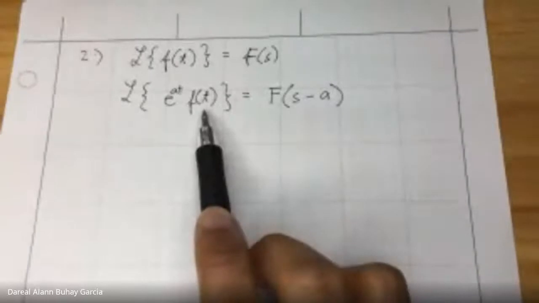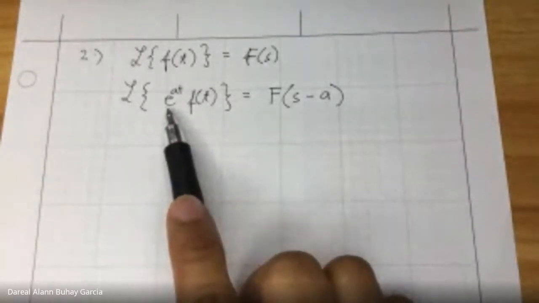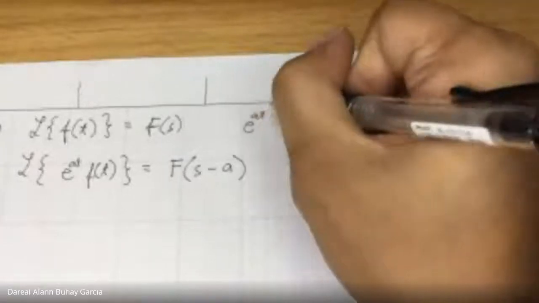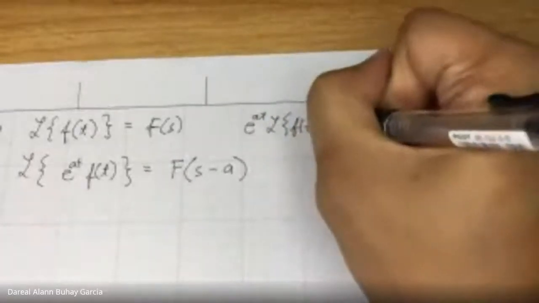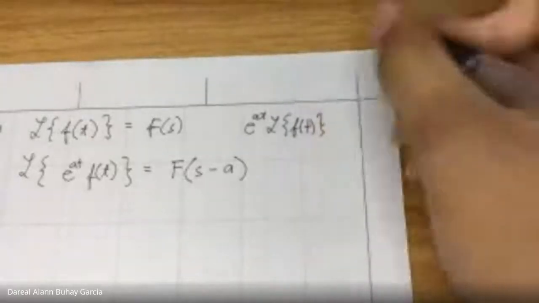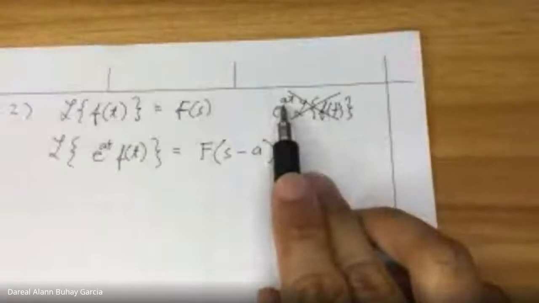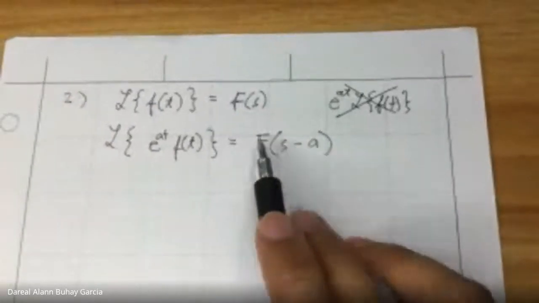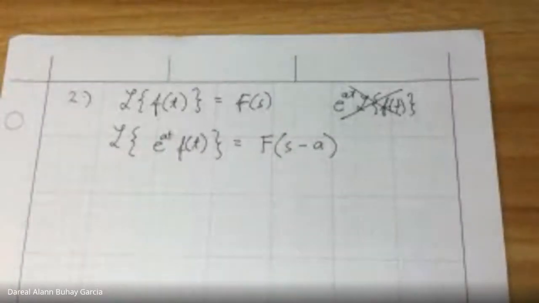But if our function is a product of that function and an exponential function, it cannot. It's a common mistake, but it is not e to the power of at times the Laplace of f of t. So the a t cannot be taken out. Instead, our function will be a function not just in terms of s but in terms of s minus this a. No?